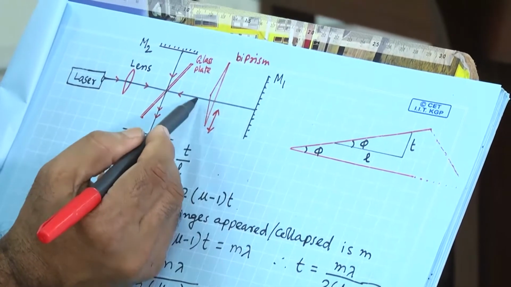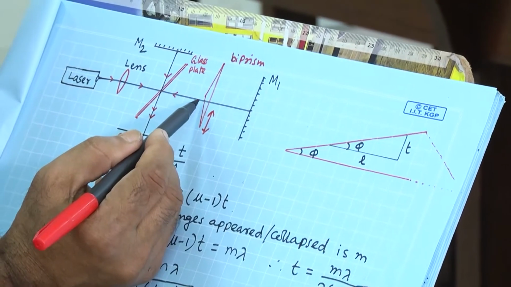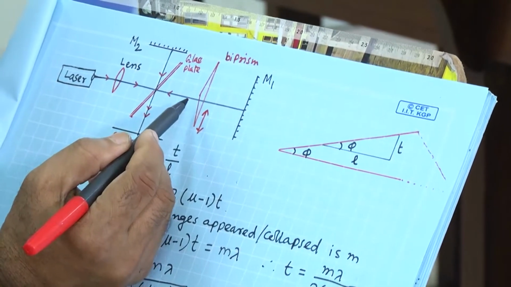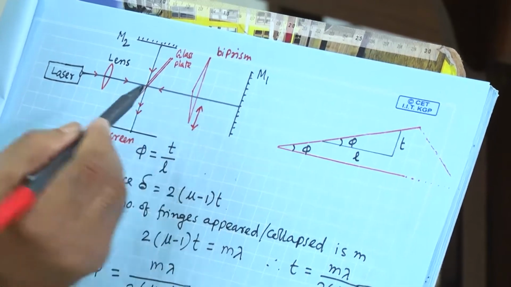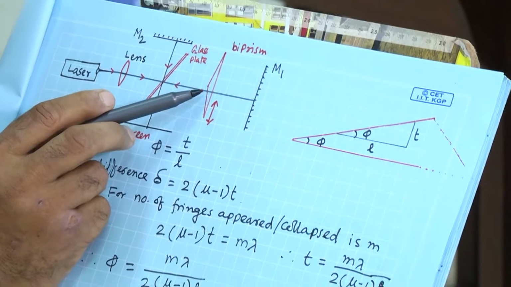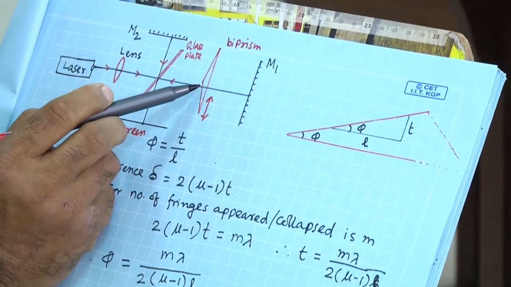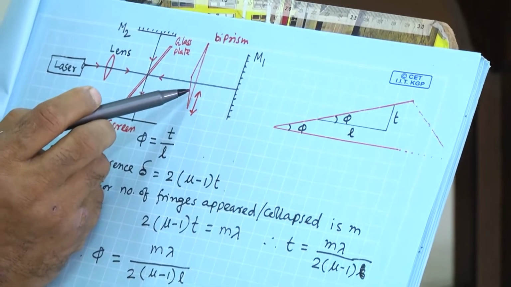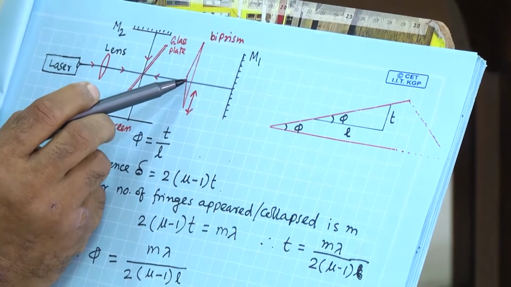Here the optical path, instead of t when the biprism is not there, whatever this length is, t, okay. When we put the biprism, the optical path will be mu t. Mu is the refractive index of the material of the biprism. So, this optical path will be mu t.